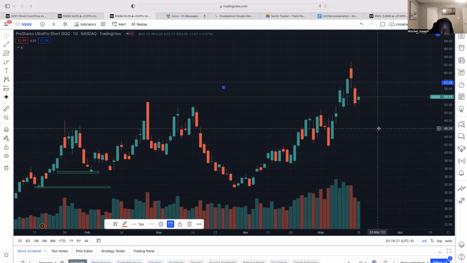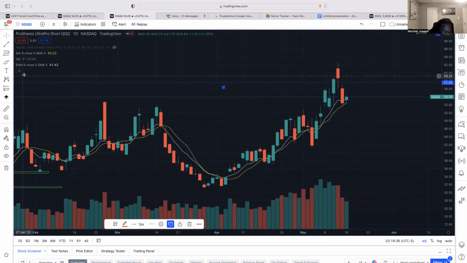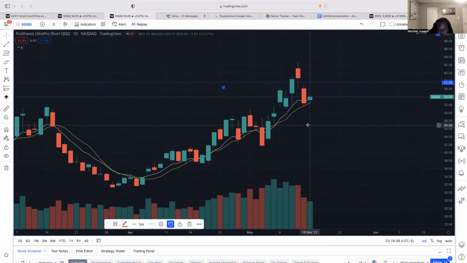So the main thing is entry. What I would suggest you guys do for entry, my simple entry, is using the 9 MA and the 8 MA. You want to buy near these moving averages and near the cross. You see how it crosses right here?